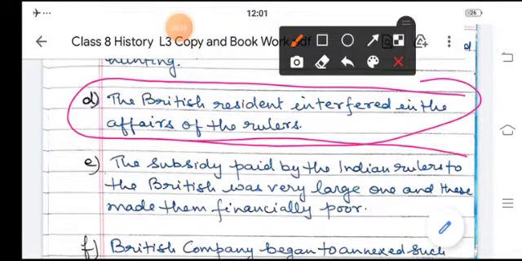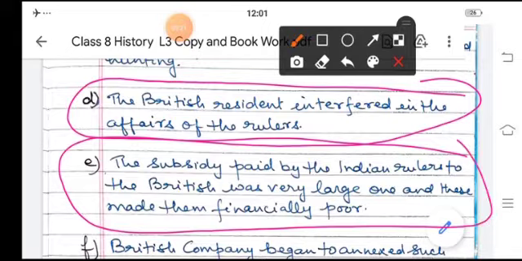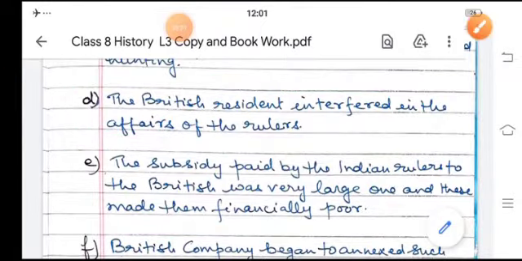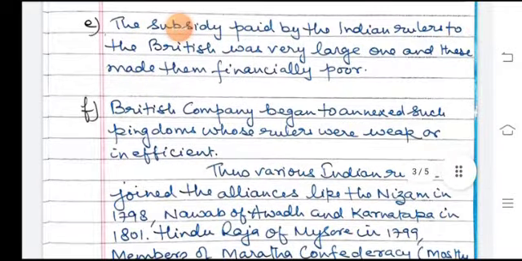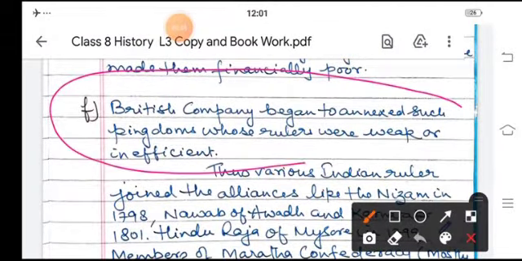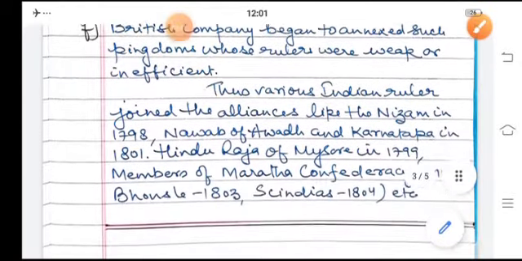E. The subsidy paid by the Indian rulers to the British was very large, and this made them financially poor. F. The British Company began to annex such kingdoms whose rulers were weak or inefficient.